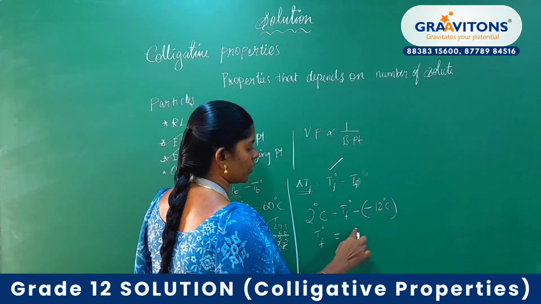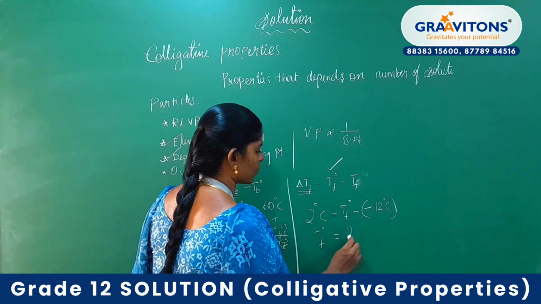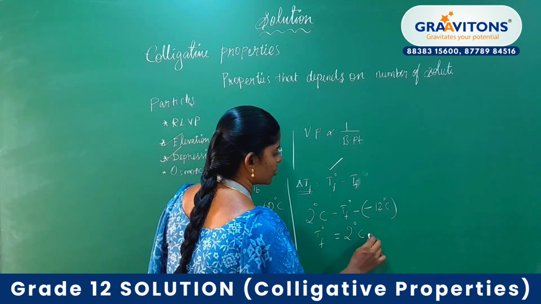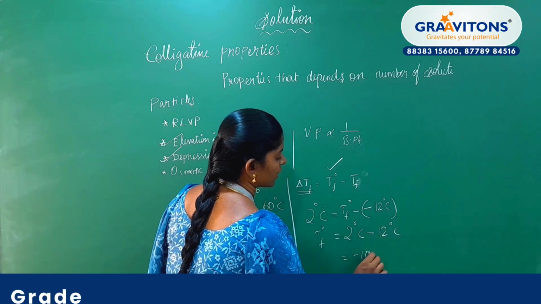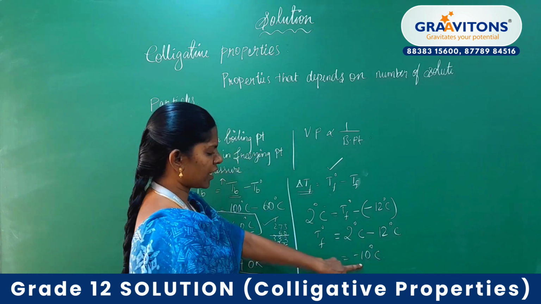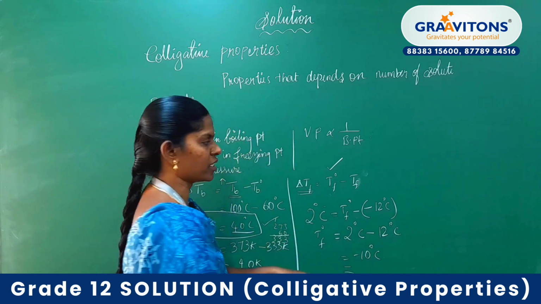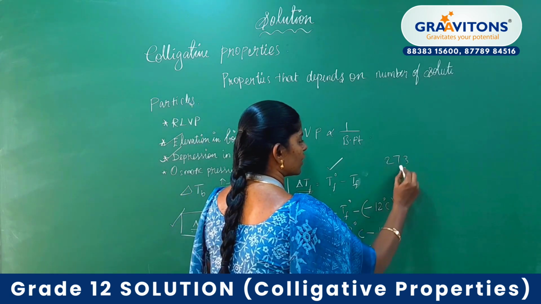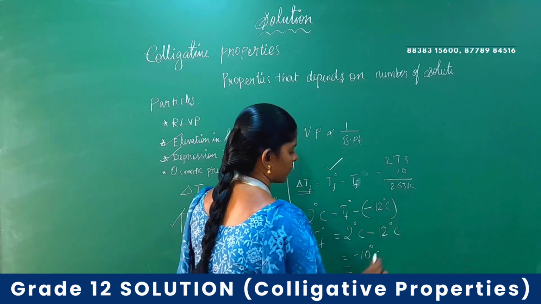TF naught minus TF, which is minus into minus plus, so 2 degrees Celsius minus of minus 12 degrees Celsius. As a result, I am getting 14 degrees Celsius. If the value is expressed in terms of Kelvin, when I change, look at this value, 273 minus 10. So I am getting 263 Kelvin.